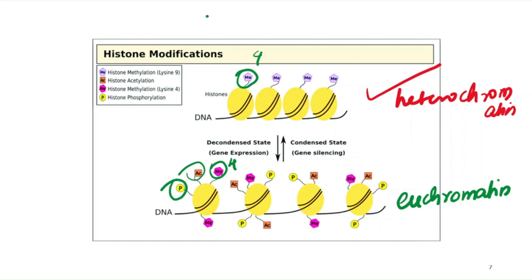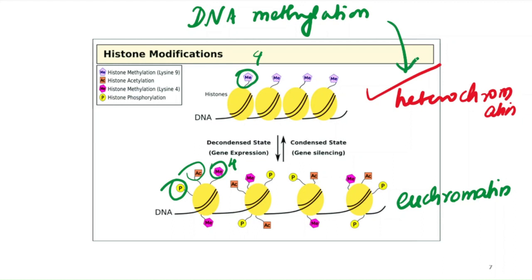Even about DNA methylation, what happens? DNA methylation is going to favor the heterochromatin structure only. DNA methylation of the cytosine residues of your CpG islands is going to favor heterochromatin conformation.